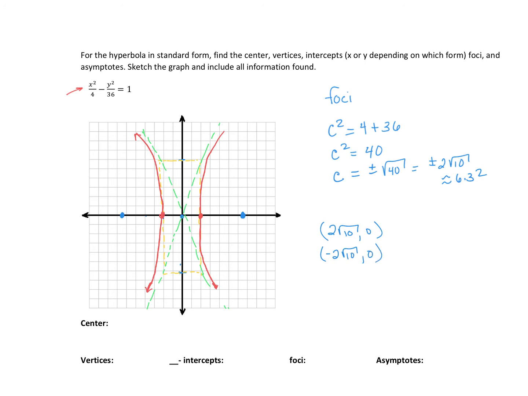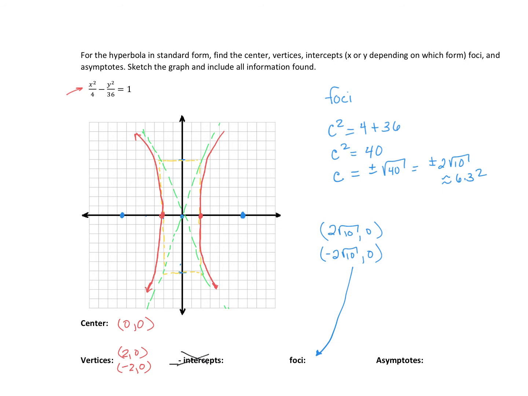So let's put all of this information down here. We knew that our center was 0, 0. Our vertices were 2, 0, and minus 2, 0. In this particular case, there are no y-intercepts. Our x-intercepts are actually our vertices. Our foci, we've already written down here.